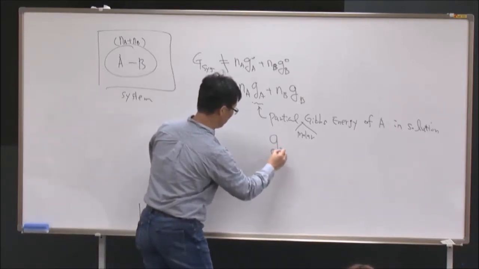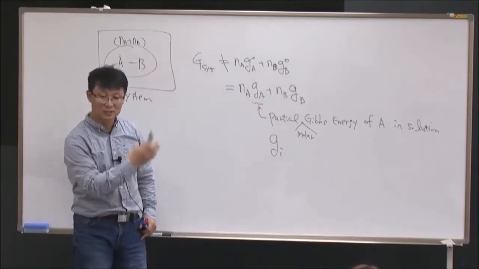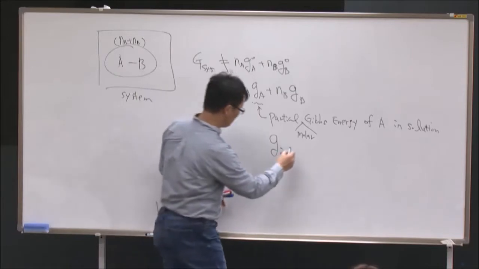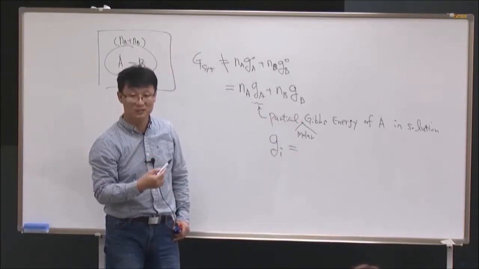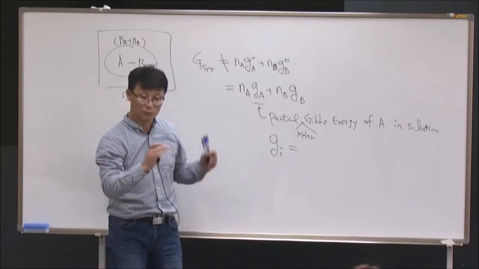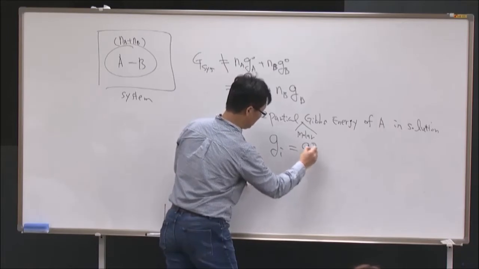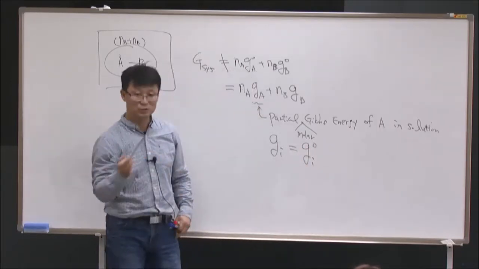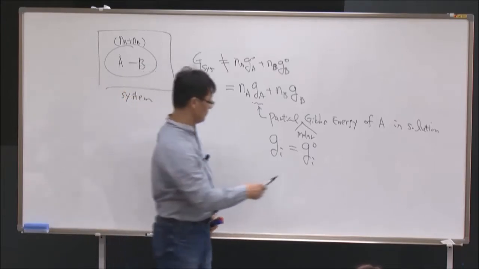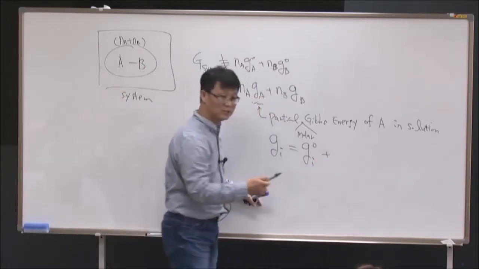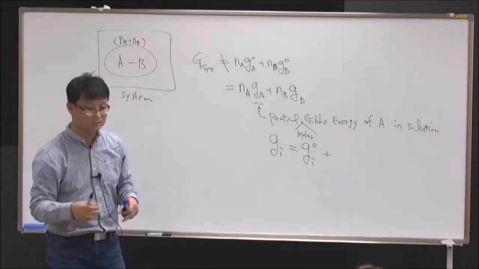For any kind of phase i in the solution, because we know the pure Gibbs energy of A and the pure Gibbs energy of B, the stoichiometric phase, before it becomes a solution, how about we take the value without solution plus some correction, some change, because I am now interacting with my neighbor?